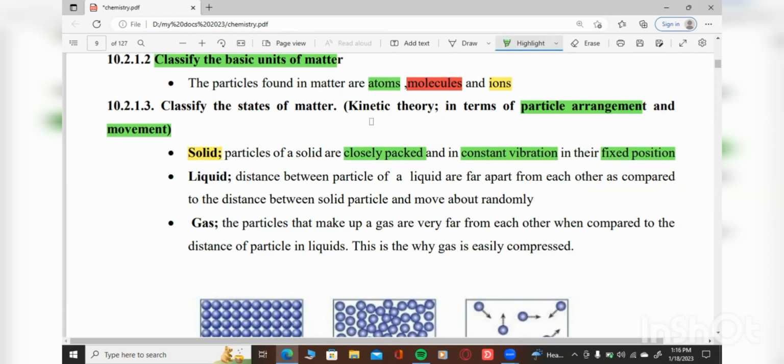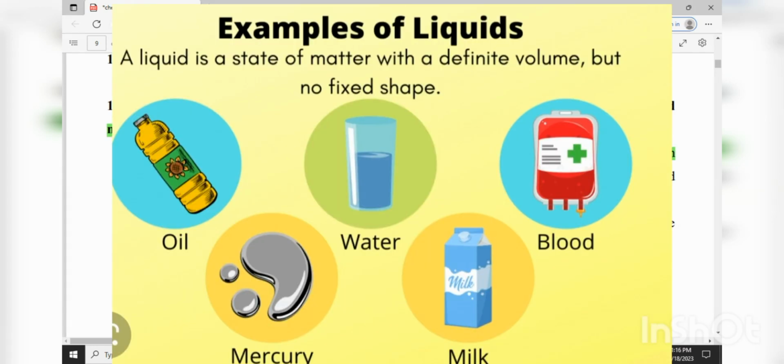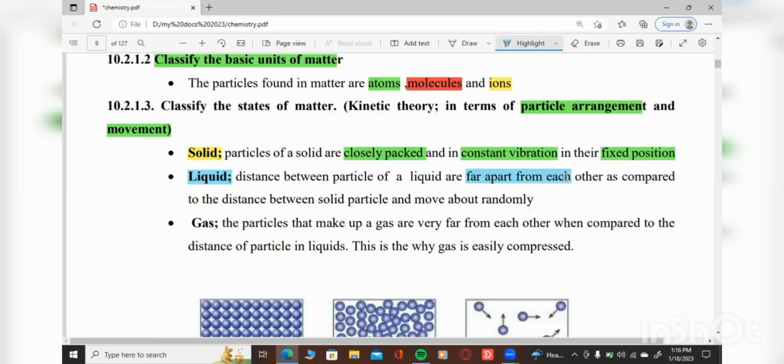Let's go to liquids. With liquids, particles are not packed like they are in solids. The distance between particles of a liquid is far apart compared to the distance between solid particles, and they move about randomly.